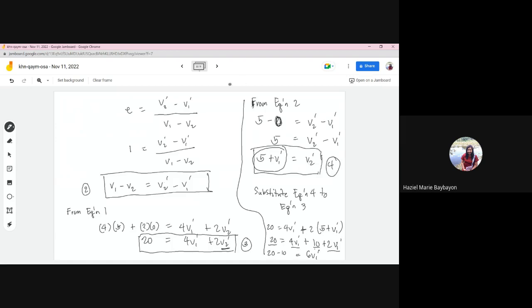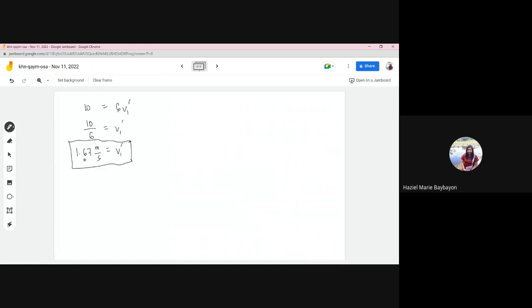So from this equation, we have 5 plus V1' equals V2'. Therefore, we have 5 plus 1.67 equals V2'. So this is equal to 6.67 meters per second equals V2'.